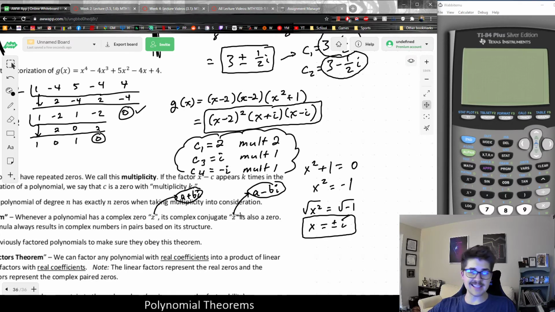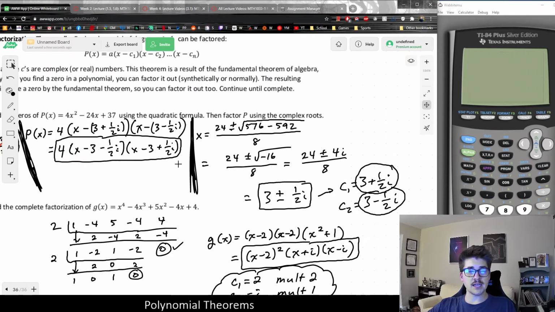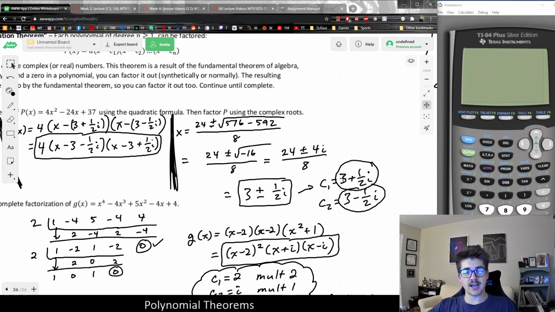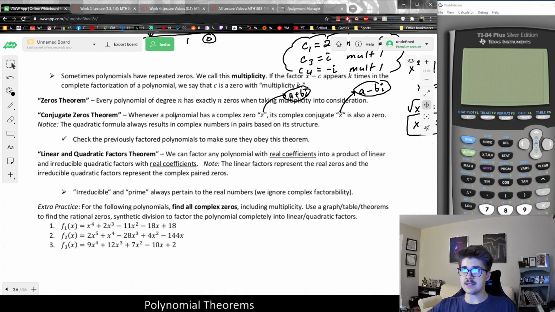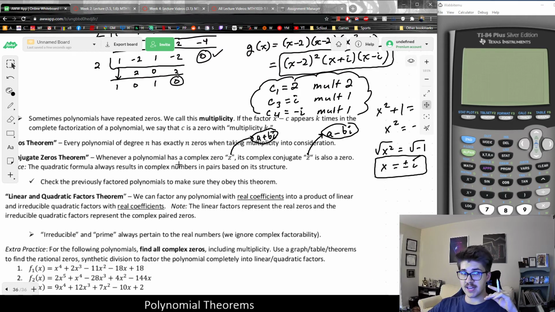And if we go back to the previous example from the last video, notice that the two complex zeros we got, 3 plus 1/2 i and 3 minus 1/2 i, were also conjugate zeros of one another, and that is not a coincidence. You could go back and look at some of the other examples, but if a polynomial is going to have a complex zero, it has to have a second, the conjugate.